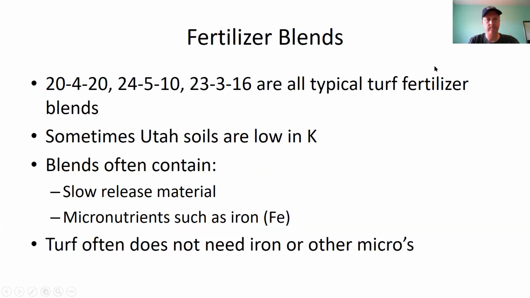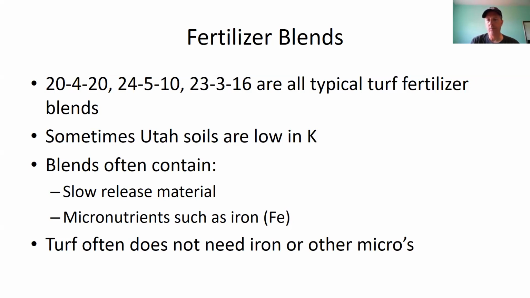Okay, fertilizer blends: 20-4-20, 24-5-10, 23-3-16. A lot of times our fertilizers have high nitrogen, low phosphorus, high potassium. But as we covered earlier, we oftentimes don't need these. And when you walk into Home Depot or Lowe's or your garden center or farm store, you'll see a lot of blends like this.